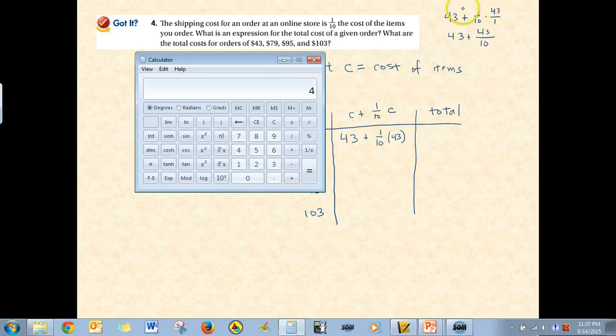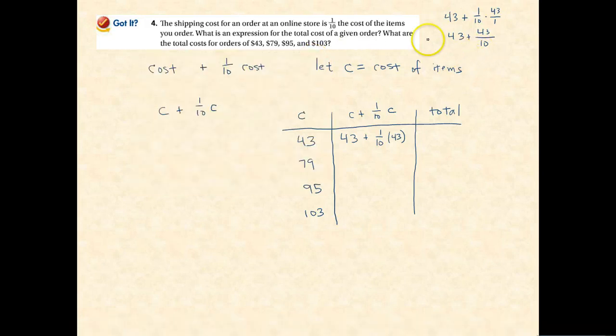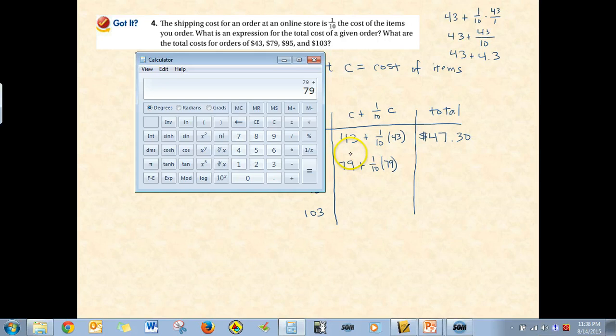And when you do 43 divided by 10, anytime you divide by 10, all it does is move the decimal place 1 to the left. So that's 4.3. So that gives us 43 plus 4.3, which is $47.30. For 79, it's 79 plus 1/10 of 79, which is going to be 79 plus 7.9. 79 plus 7.9 is 86.9.